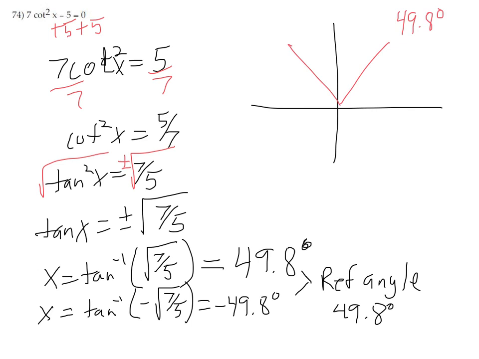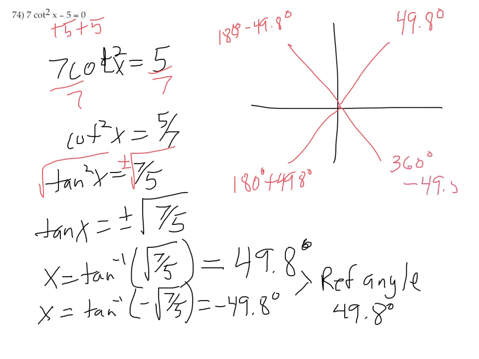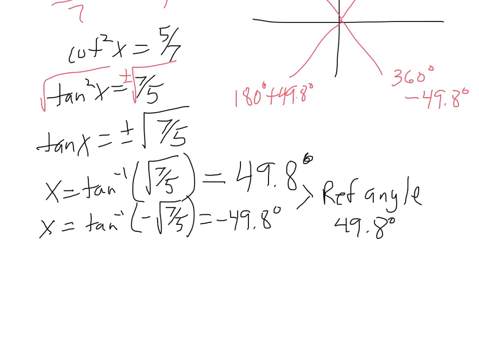We need to get this one and this one and this one as well. This one is 180 minus 49.8 degrees. This would be 180 plus 49.8 degrees. This would be 360 minus 49.8 degrees. We get all of them. And so we finally end up with our four answers.